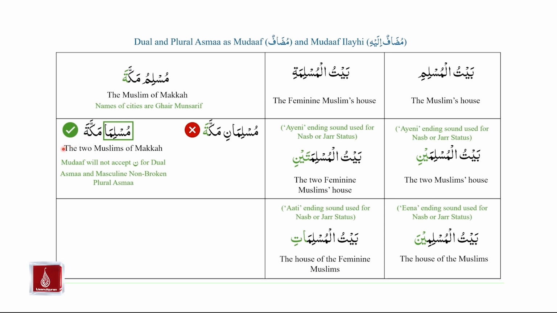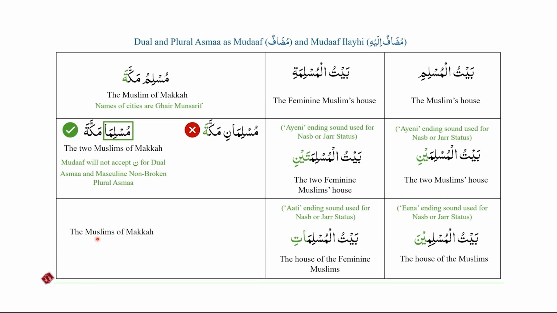Once again, to revise the rule, the mudaf will not accept noon for dual asma and masculine non-broken plural asma. So in the case of Muslimani, which is a dual ism, we will remove the noon at the end and we will be left with Muslima. Please also note that in the case of mudaf ilayh, we have the restriction that we always need to have jar status. We do not have that restriction for mudaf. That is why we can use Muslima here, which will be in the rafa status rather than Muslimai, which will be in the jar status.